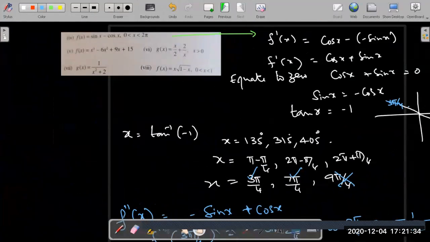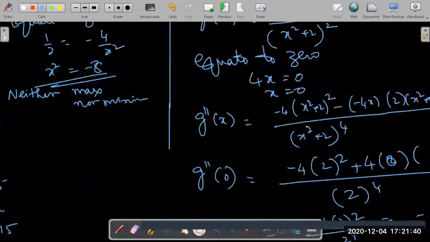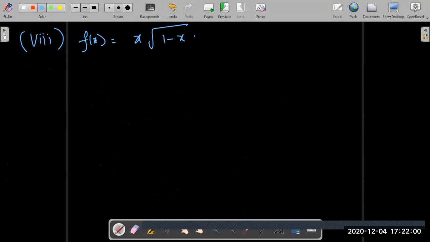Last question: f of x equals x into square root of 1 minus x. I'll do it on the next page. This is the eighth one. So we have to use the u v rule in order to get f dash x.